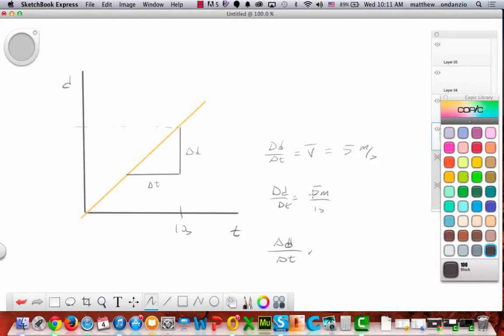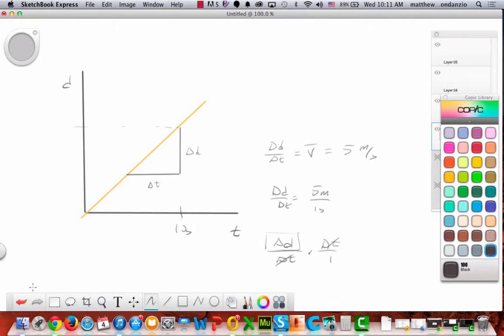How do I get rid of delta t to leave delta d? I multiply it by delta t over 1, don't I? Because now my time cancels. I'm left with delta distance.